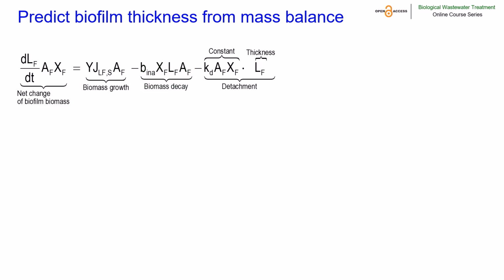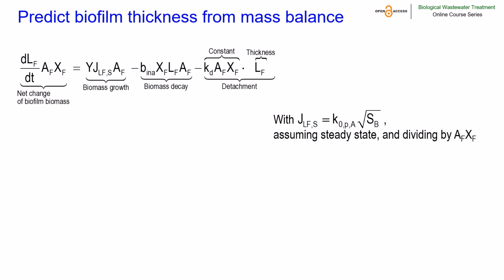The last term on the right-hand side is the biomass detached from the overall biofilm per unit time. We now assume first-order kinetics and substitute the corresponding substrate flux. We assume steady state, and then we divide by the surface area AF and the biofilm biomass density XF.